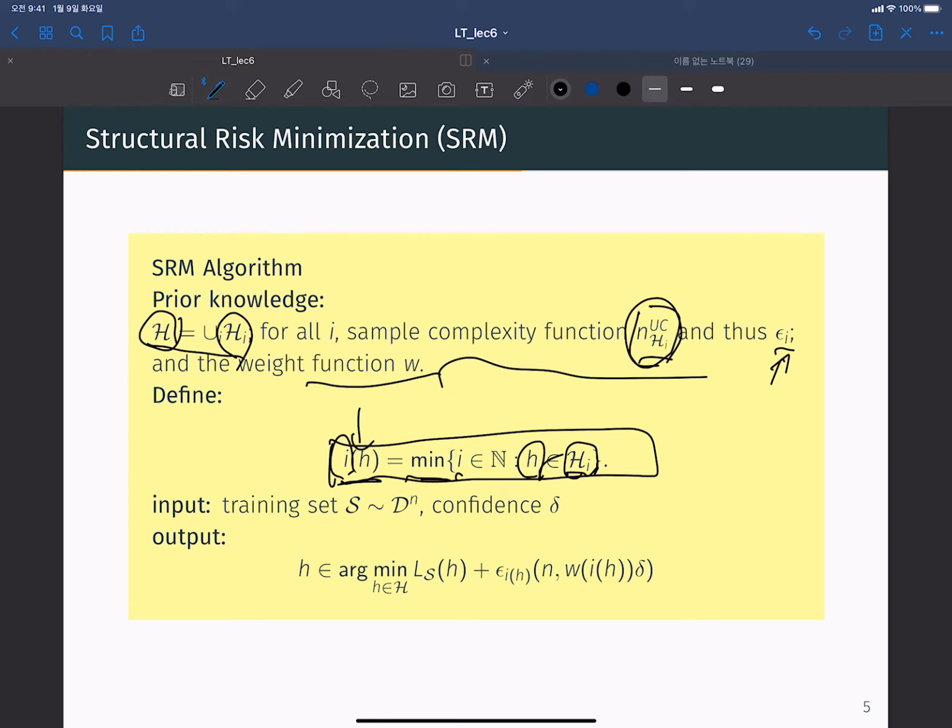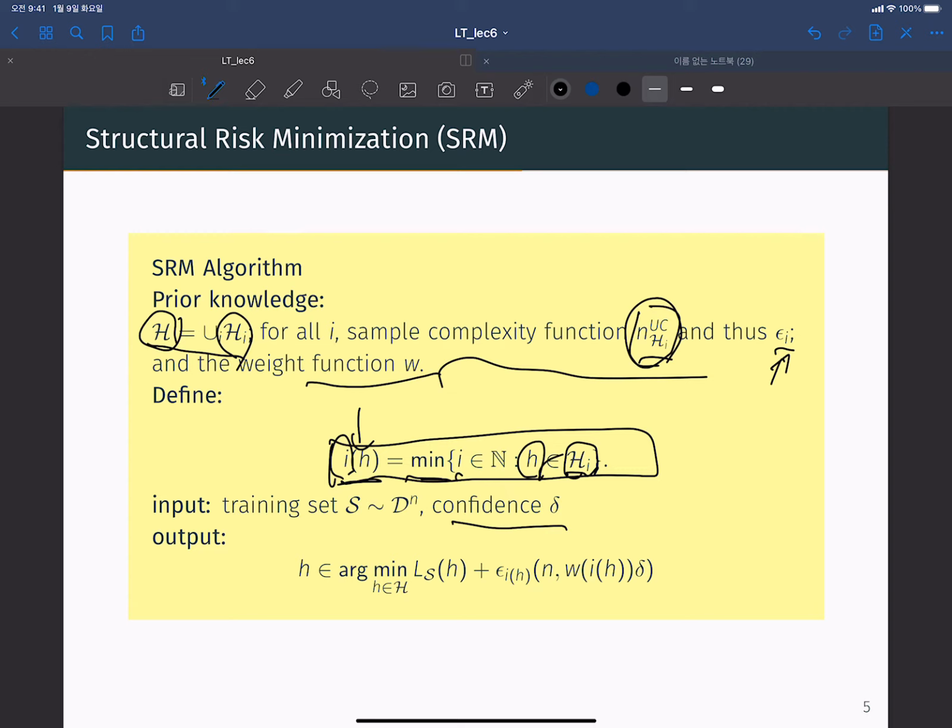So we will use the smallest index among the members, among the membership classes. The input is of course the training set and the confidence level delta, and the output is this.